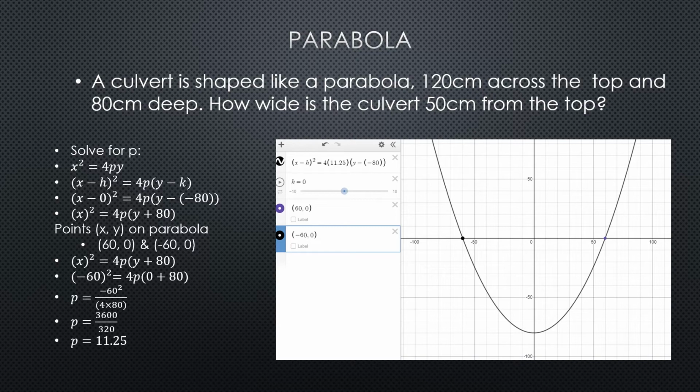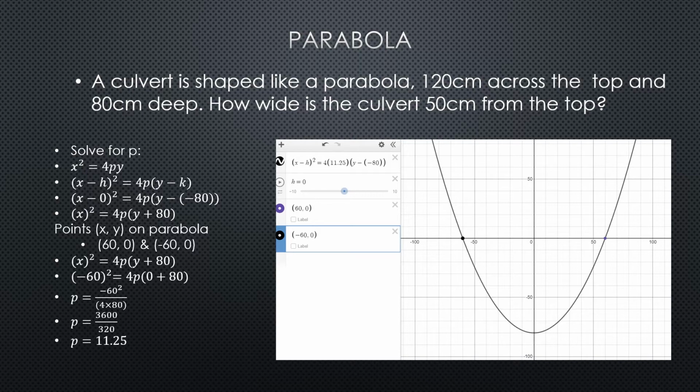I think on the last example, I used the positive points, so the point on the right, the 60 and the 0. On this example, let's use the point to the left, the minus 60 and the 0. And you'll see that either way, the p comes out the same.